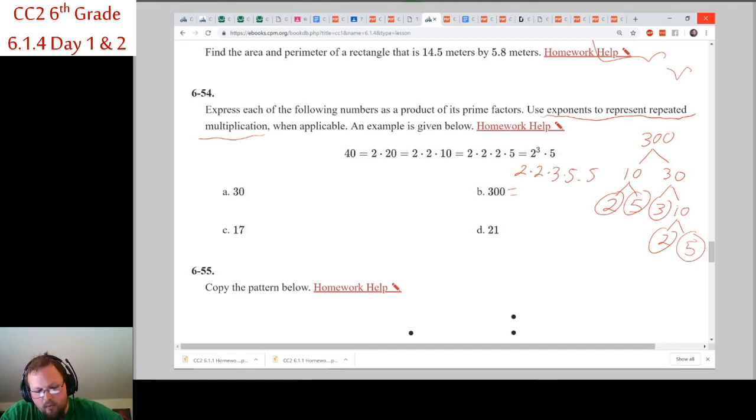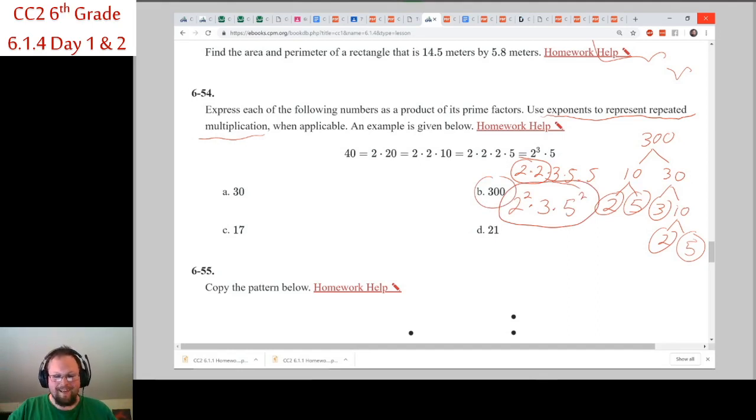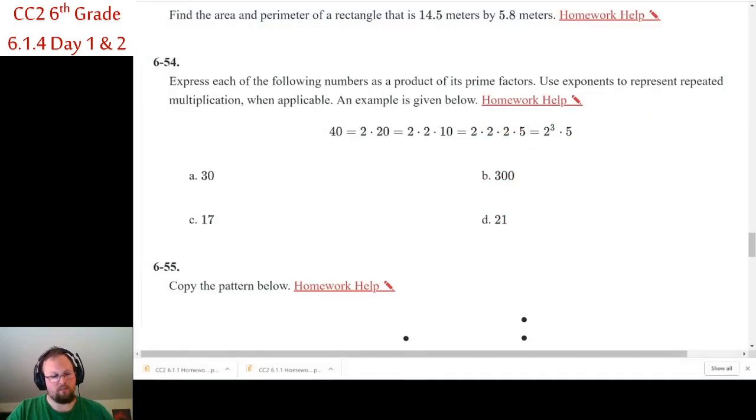They want you to write, well, 2 times 2 is the same thing as 2 squared. That is 2 squared times 3 times 5 squared. That is how they want you to write this one. It's much, much more efficient, especially if you have like 10 2's. You don't want to write 2 times 2 times 2 times 2 times 2. You just write 2 with whatever the exponent is.